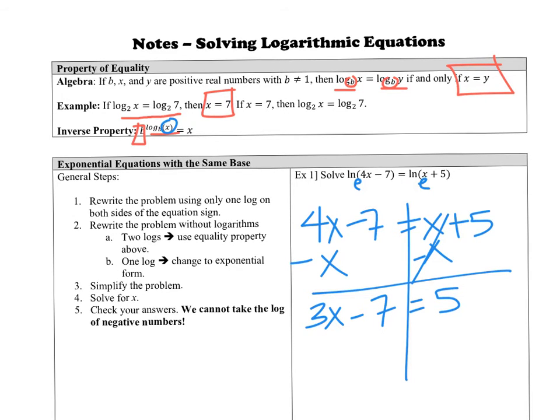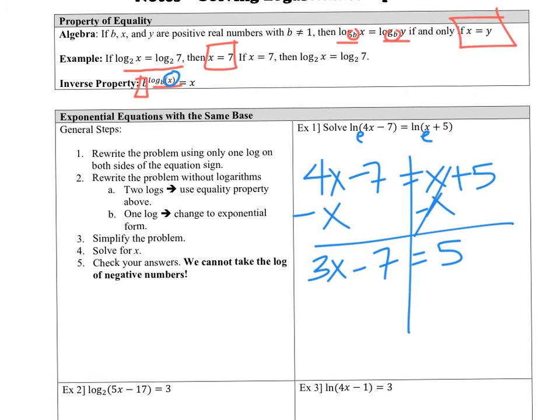Then I'm going to add the 7 over, which gives me 3x equals 12. And when I divide away the 3, x is equal to 4. So we need to check that this 4 is not going to give us a negative number.